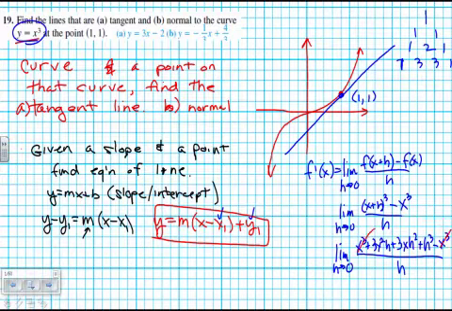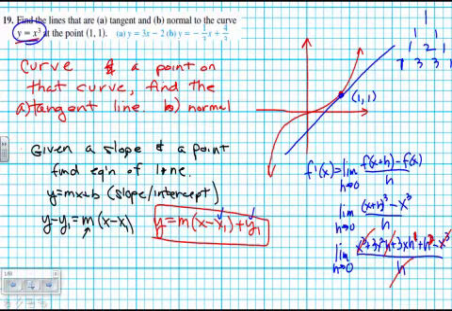Every term that remains has an h in it, so let's factor one h out of each of those terms. Now I've got the limit as h approaches 0 of 3x squared plus 3xh plus h squared.